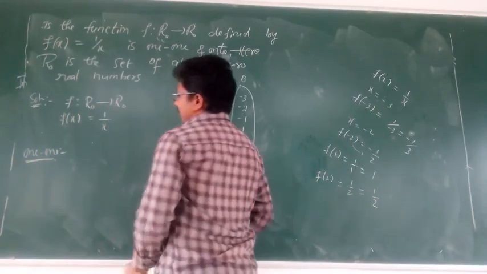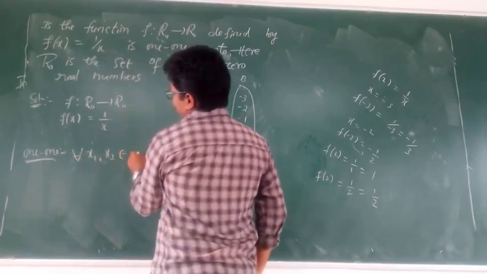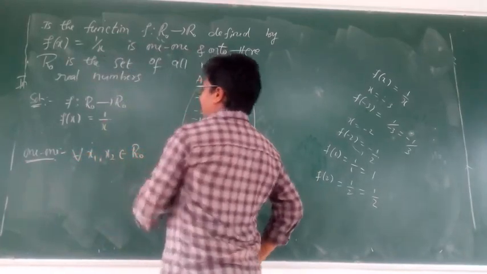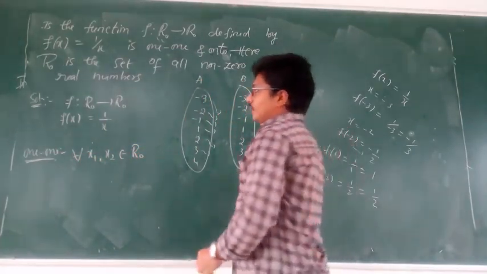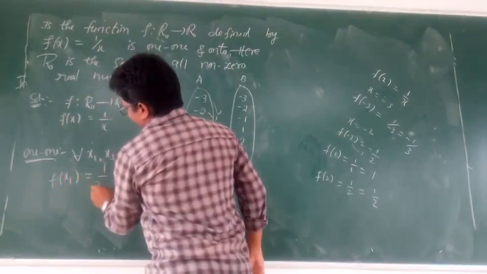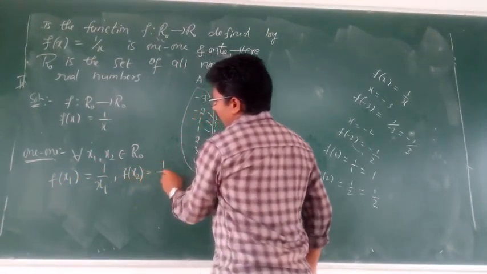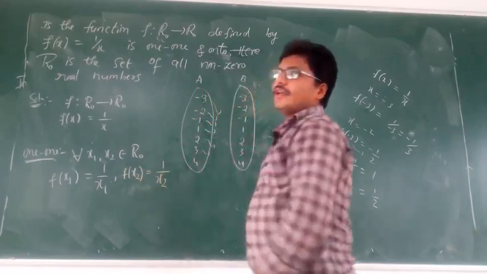How can we show it? So for all x1, x2 belongs to A or not, and next, f of x1 is equal to 1/x1, f of x2 is equal to 1 divided by x2.